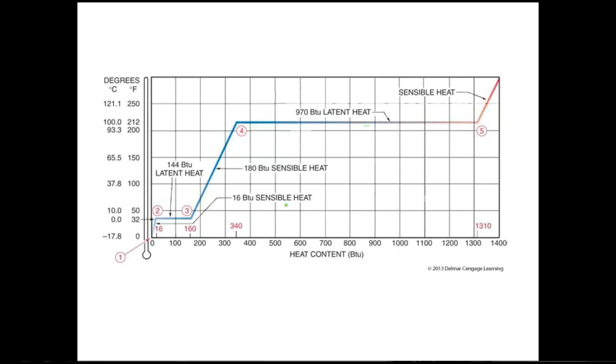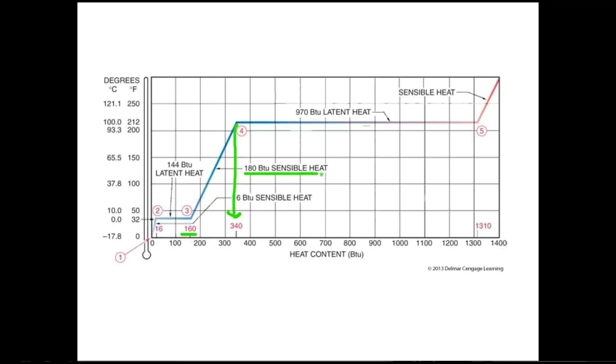Now, I want you to take a look at this. If we take 32-degree water and we go back down here, it is 160 BTUs to get it to that point. And then we raise the temperature to 212 degrees. It only takes 180 BTUs of heat to do that.